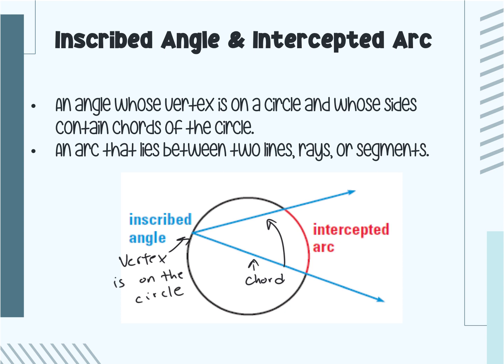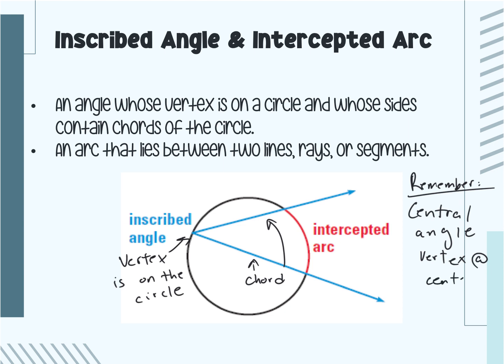And remember, an inscribed angle is not a central angle. So remember, the central angle, which is the one we've been talking about before, is different: the central angle has the vertex at the center.